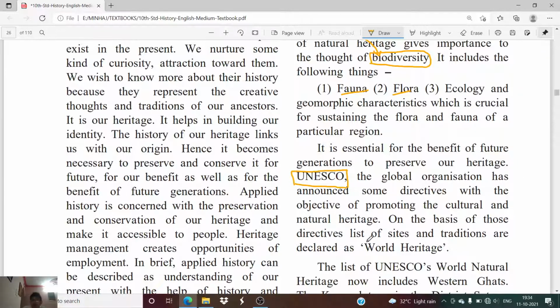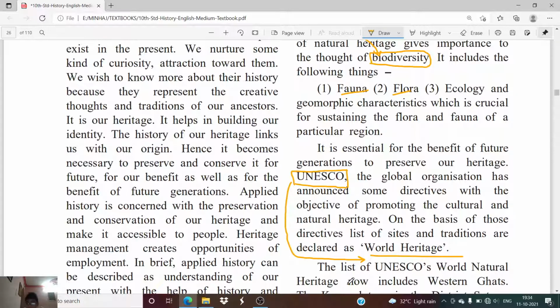On the basis of those directives, a list of sites and traditions are declared as World Heritage. They consider that all these sites are very much important for world history, for the future generation, and for mankind.